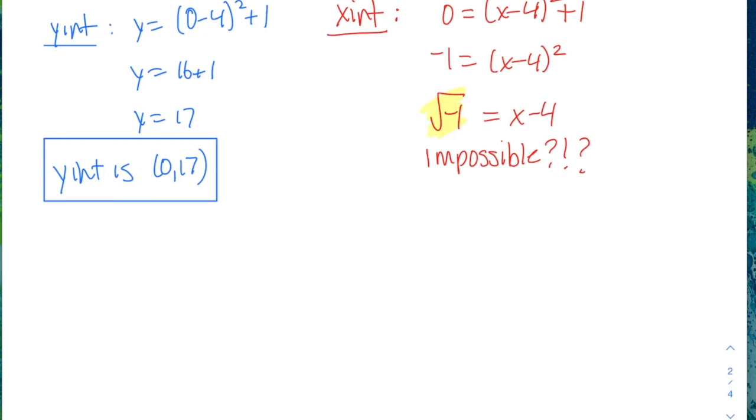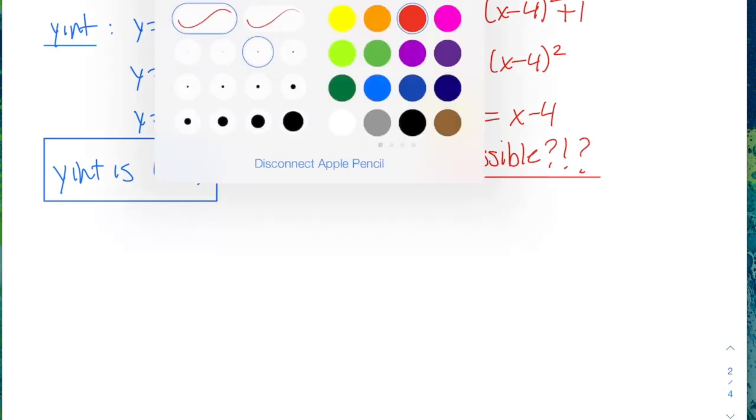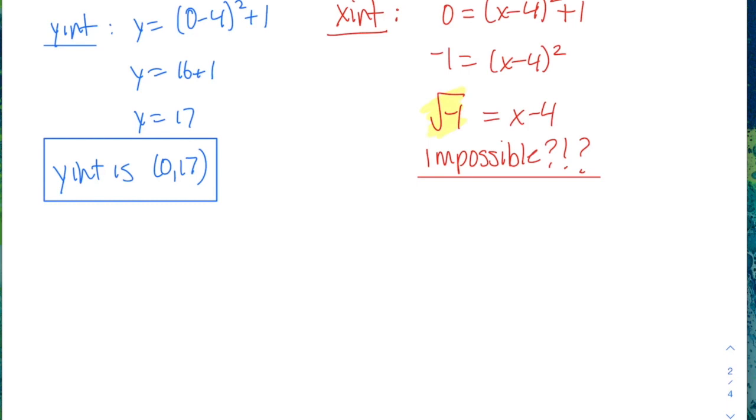Well, yes, it's impossible to take the square root of a negative number unless you use complex numbers, but that's a whole different world, and we are not going to go there in this course. But what I want to show you is what this means.